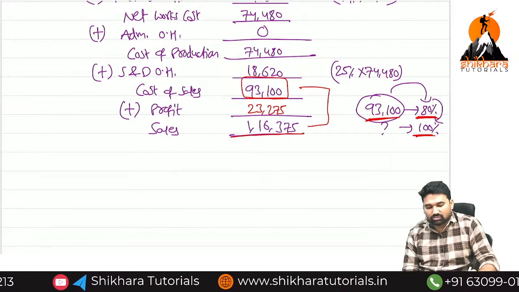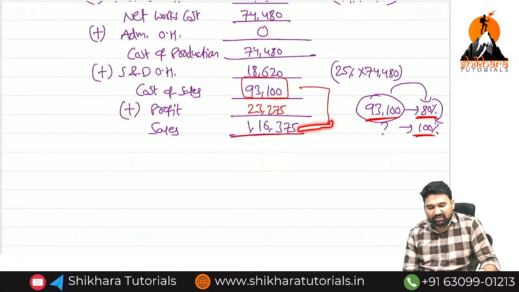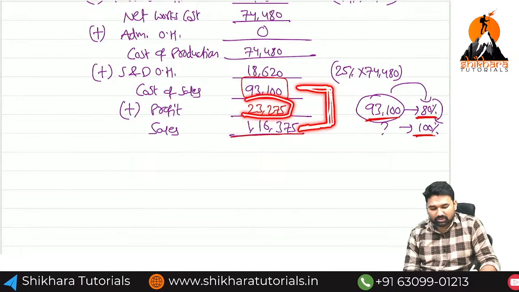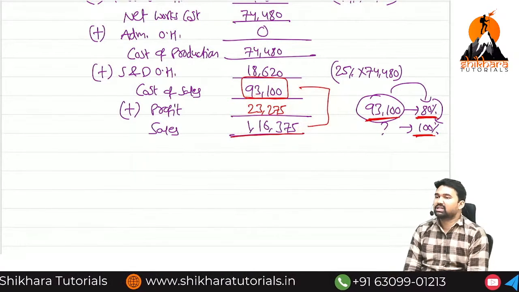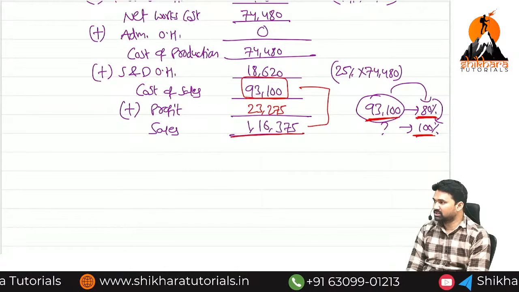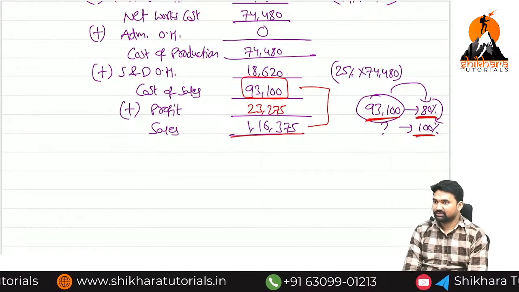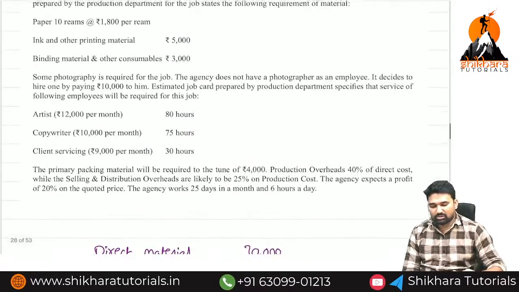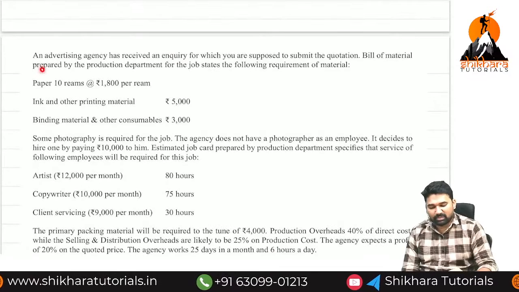We know sales and we know cost. The difference between cost and sales is profit, and the profit is 23,275. Clear?